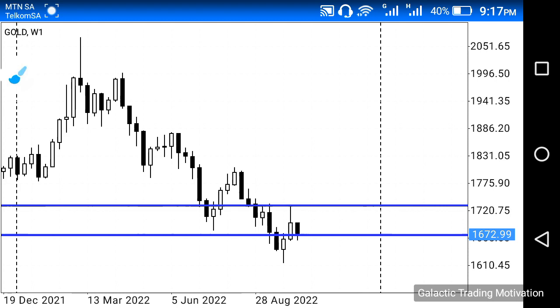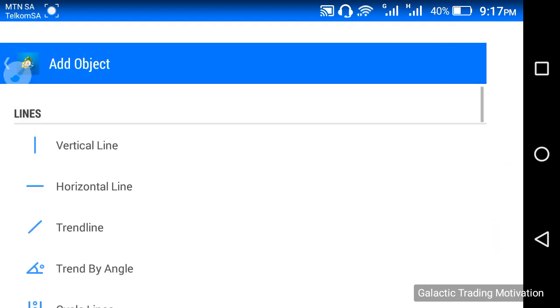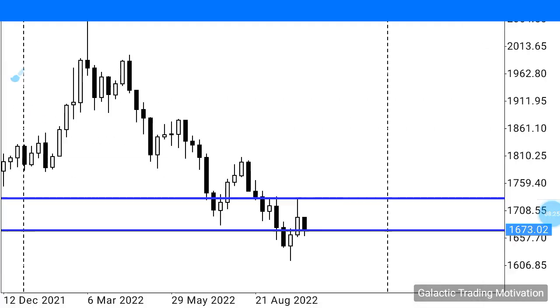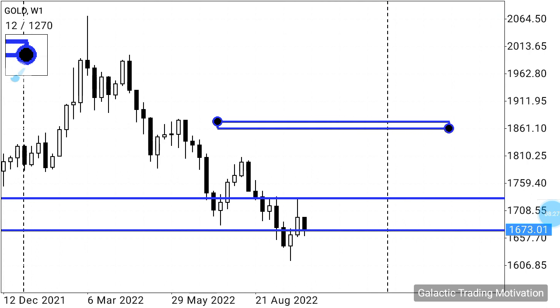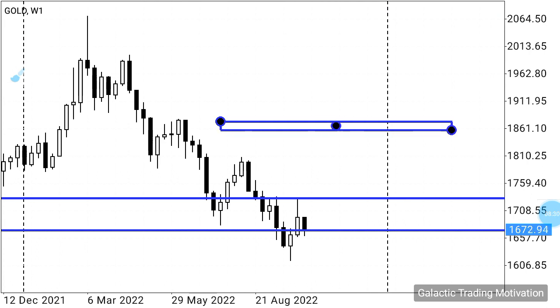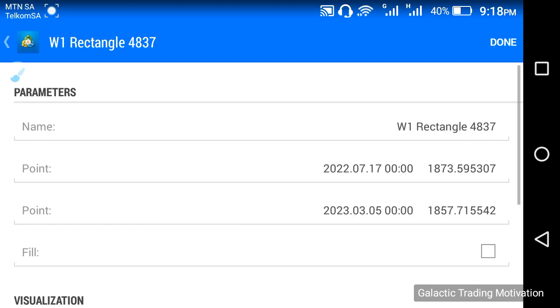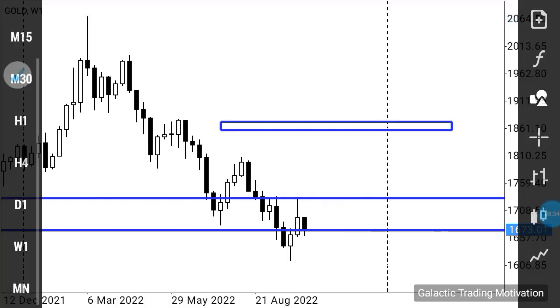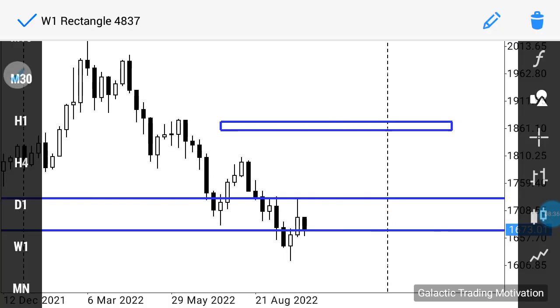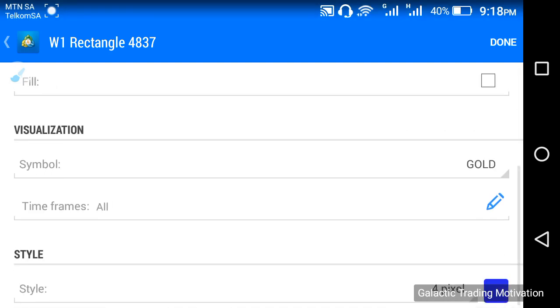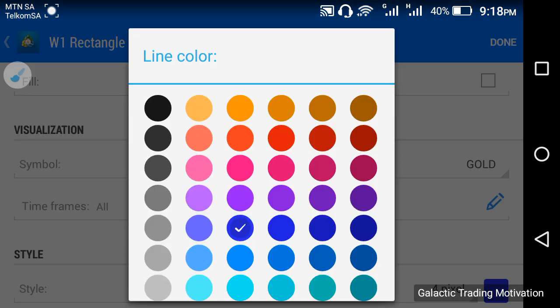And what I'm going to do now is also just add a neckline to that M structure that I just spoke about. I just hope that my lines are not too confusing, but bear with me. I'll make it a different color, an orange.